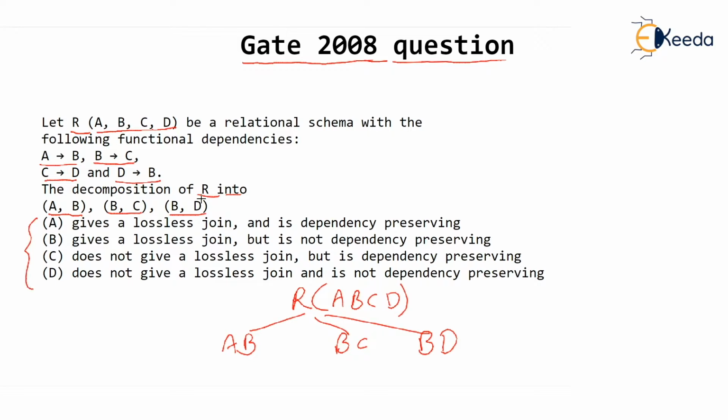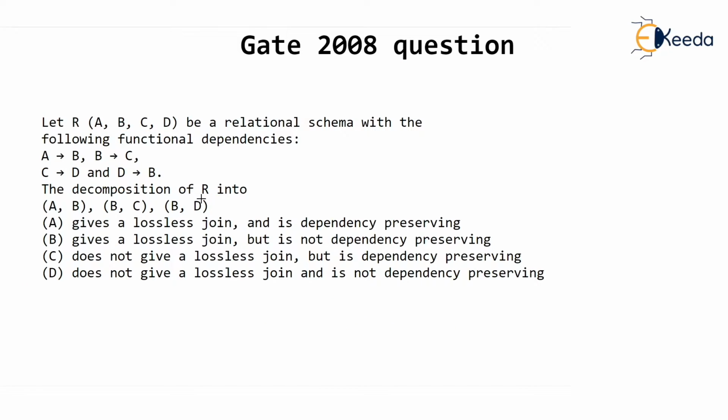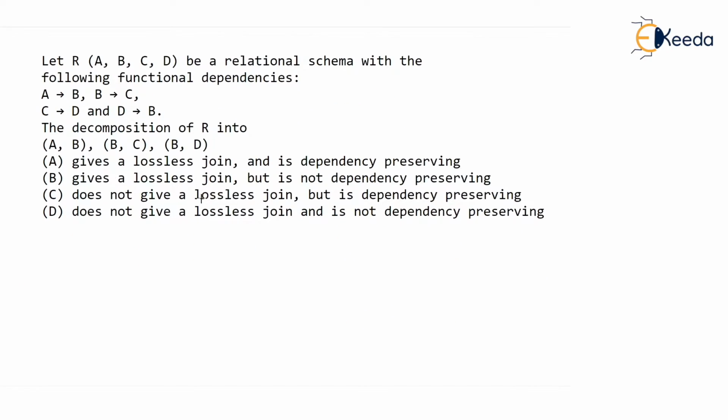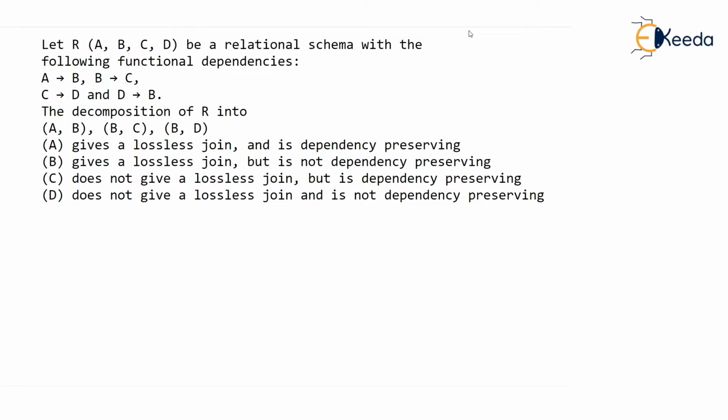So the best way is just to check whether it is lossless, whether it is FD preserving. First of all, to check whether it is lossless, just observe that we have a table R(A, B, C, D), and it is broken down into three tables, which contain AB, BC, and BD.